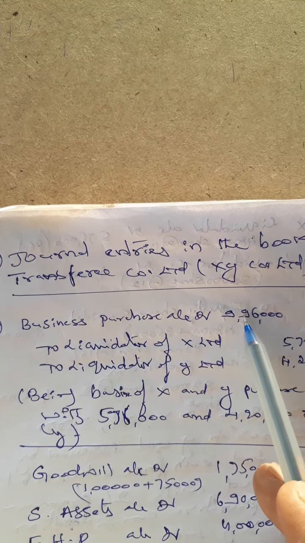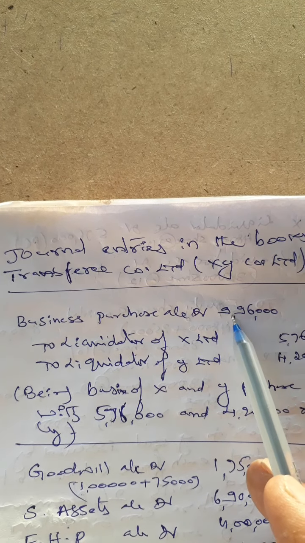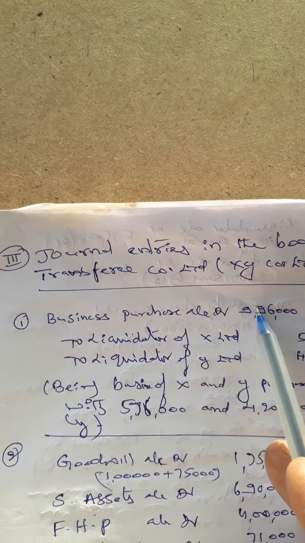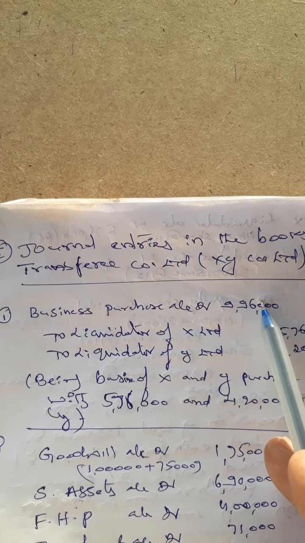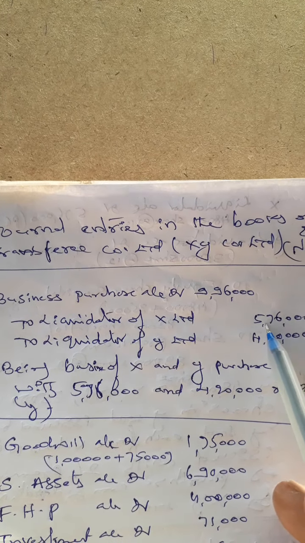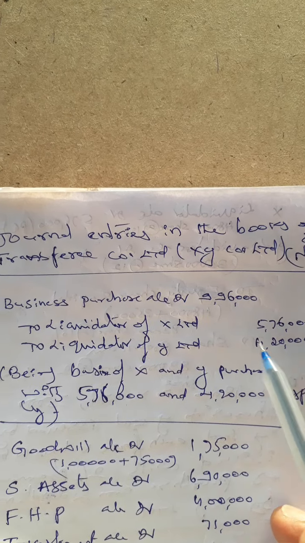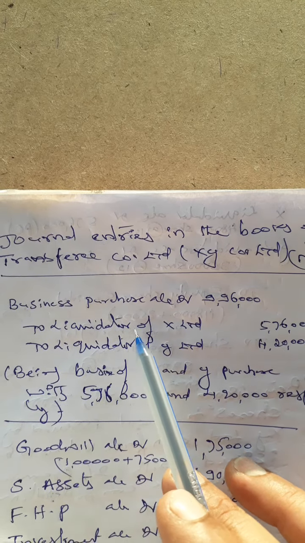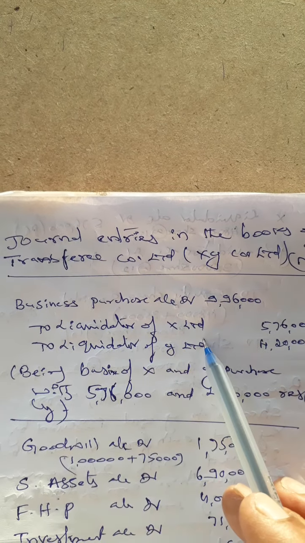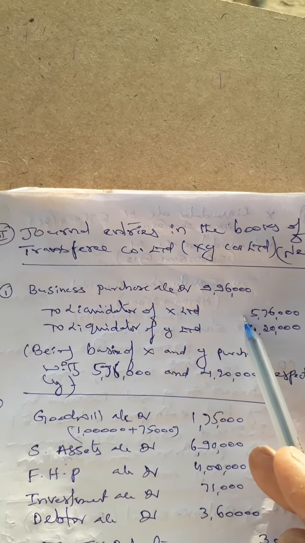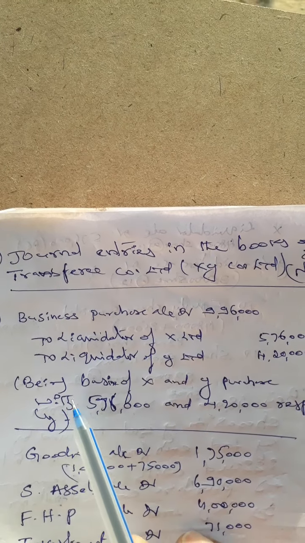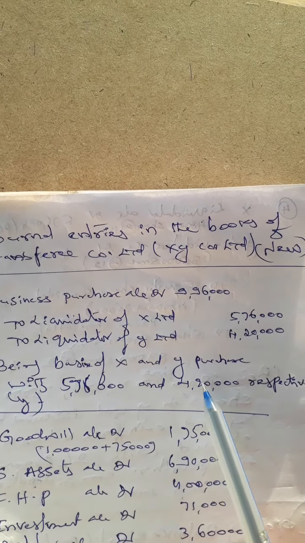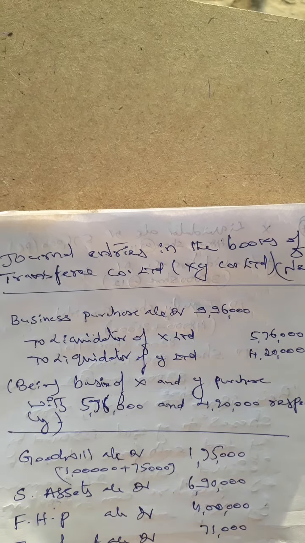It is equivalent to the purchase consideration of X Limited and Y Limited; by adding both purchase considerations we get this amount. Out of this 9,96,000, 5,76,000 is payable to X company and 4,20,000 to Y company. So as business purchase consideration, we credit the liquidator of X Limited and the liquidator of Y Limited. Being business of X and Y purchased for 5,76,000 and 4,20,000 respectively by XY Limited.